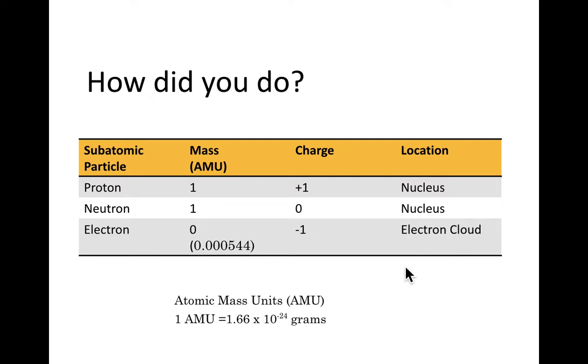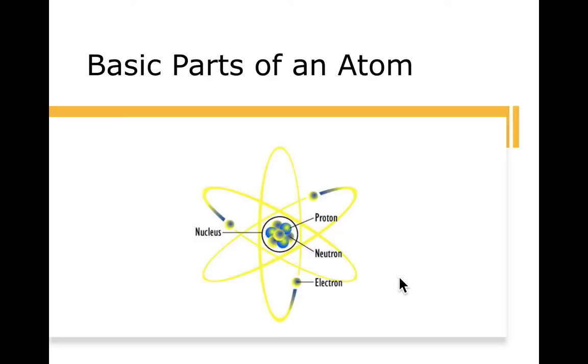Let me show you sort of the classic picture of how an atom is portrayed. What you can see here is we have a nucleus in the center, a very small, dense nucleus. In the nucleus, there are 2 particles, the protons and the neutrons, that are roughly the same size. Now, they have mass. And outside of the nucleus is what's called the electron cloud.